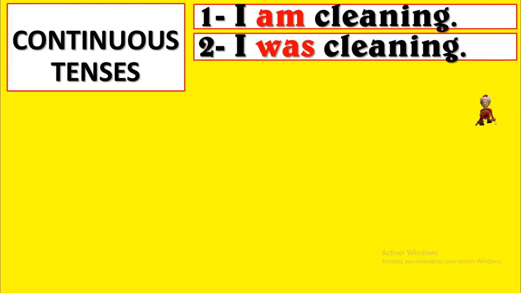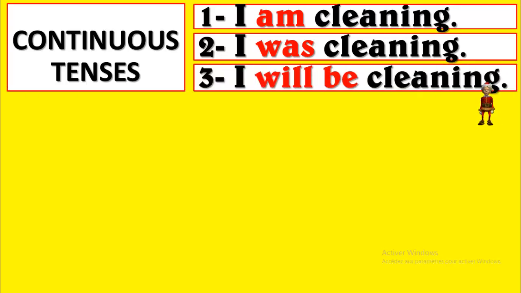I was cleaning, was plus ing is used to form the past continuous. I will be cleaning, will be in the future plus ing for the future continuous. So auxiliaries are used to form continuous tenses. Okay?